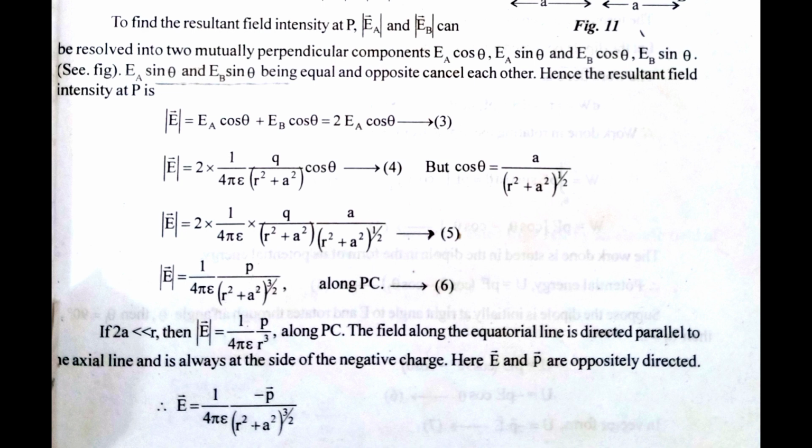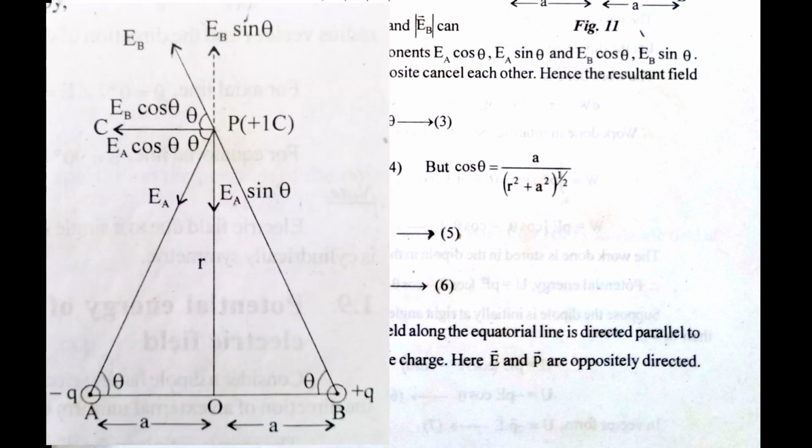Now we have to find the resultant field intensity. How can we find it? Here we have two components, EA and EB. Can we add them directly? No, because these are vectors, so we have to resolve EA and EB into two mutually perpendicular components. First of all, consider EA only. In the diagram, EA is in the downward direction.